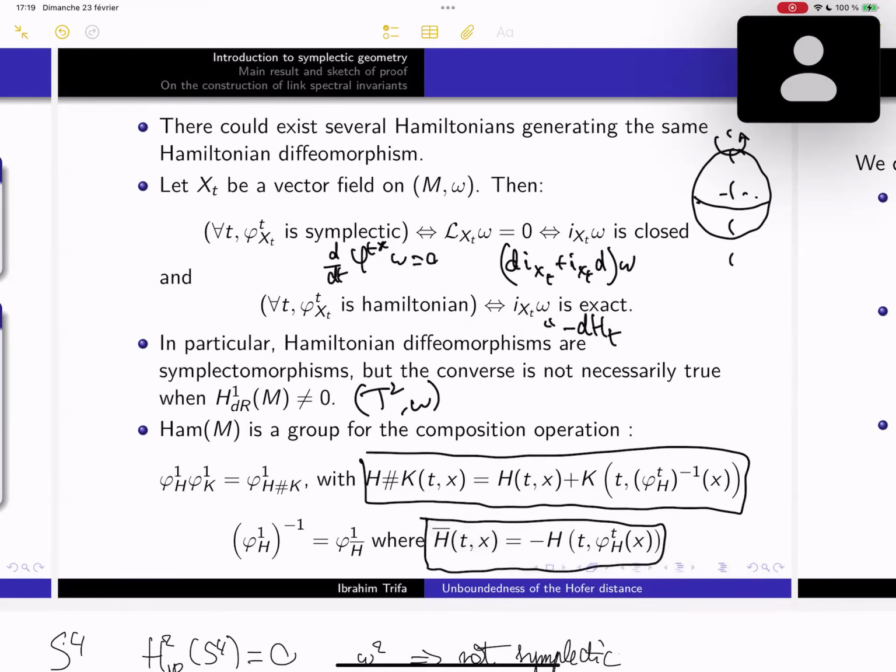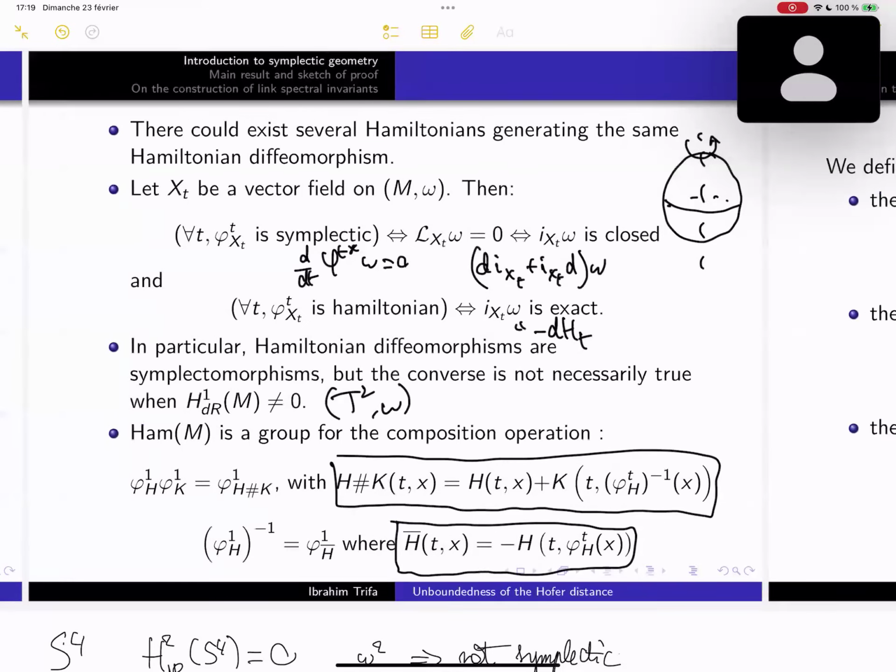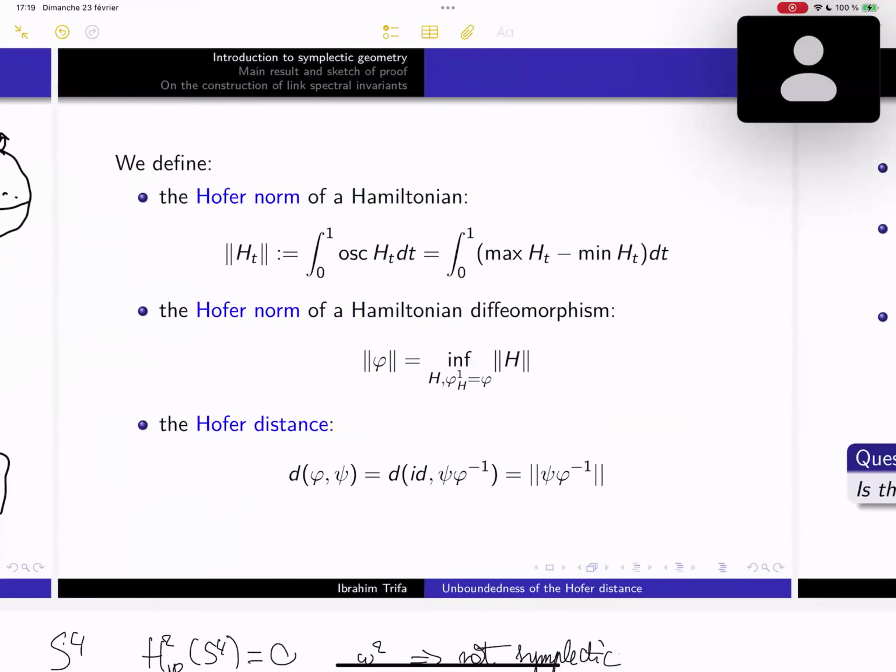So now I will show we can define a distance on the set of Hamiltonian diffeomorphisms. First of all, we define a norm on the Hamiltonian function itself, which is the integral over time. By the way, I define my Hamiltonians to be functions from the circle times M to R. I could have taken, instead of the circle, the interval [0,1].